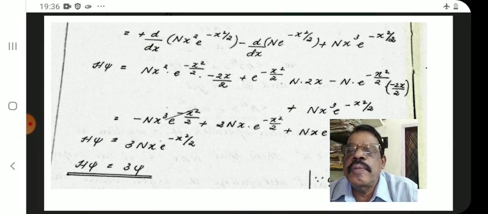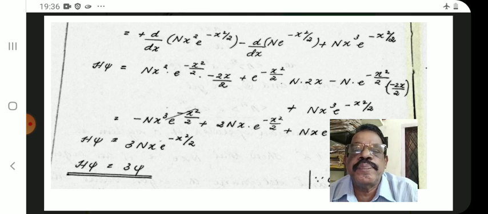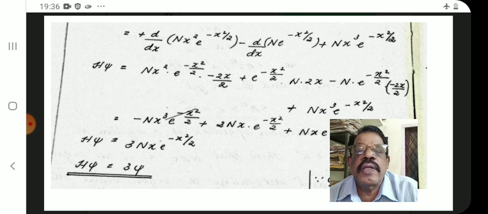This is equal to minus minus plus d by dx of nx square e raised to minus x square by 2 minus d by dx of nx e raised to minus x square by 2 plus n x square e raised to minus x square by 2.